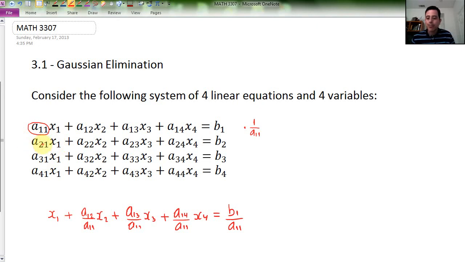But the second equation has the coefficient a21. So if I add to this one here, that doesn't eliminate. So I need to do something else here. Maybe I need to multiply this also by the opposite of a21, which is negative a21.